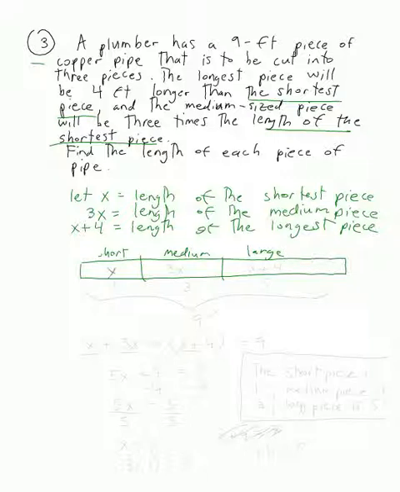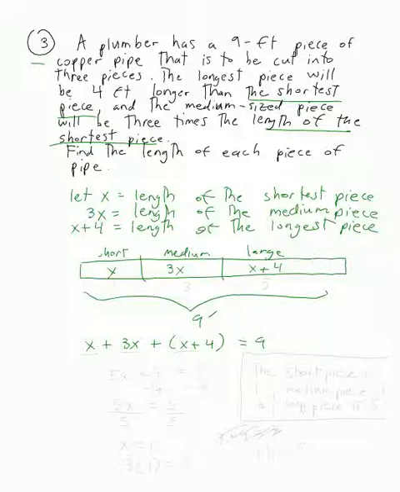Now this one is x. This one is 3x, and this one is x plus 4. So what we haven't used yet is that this whole piece is 9 feet long. That means that the short plus the medium plus the large has to be 9 feet. So the way we write that is x plus 3x plus x plus 4 is equal to 9.